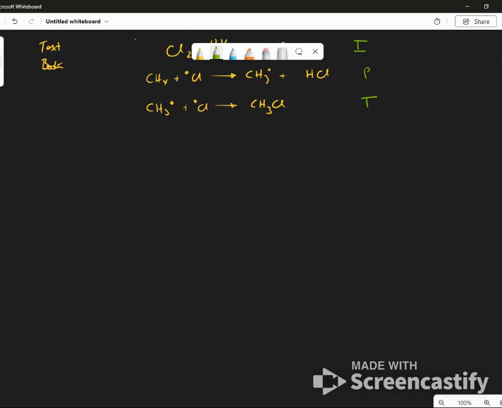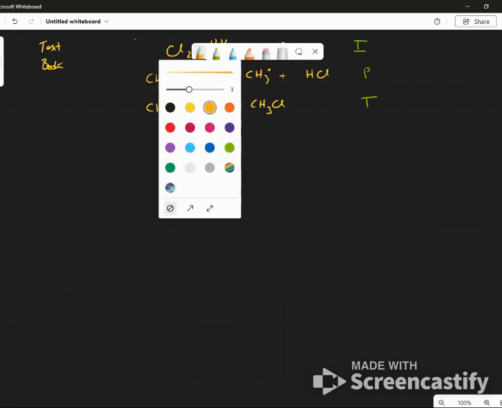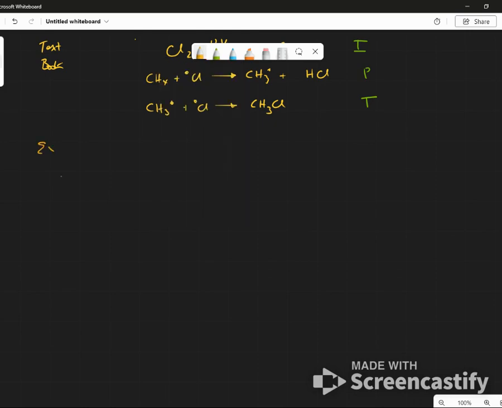Okay. Now, if you want, you can play with this. It doesn't often happen, but I'll show you anyway. If you have excess chlorine, lots of chlorine, your product, the chloromethane, will react with more chlorine and you'll get CH2Cl2 plus HCl.